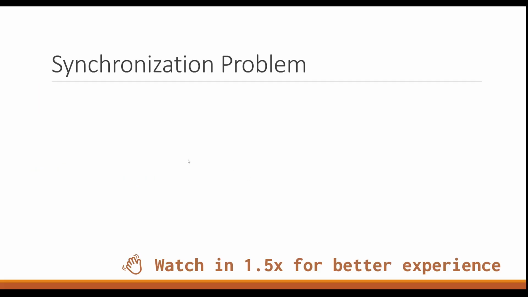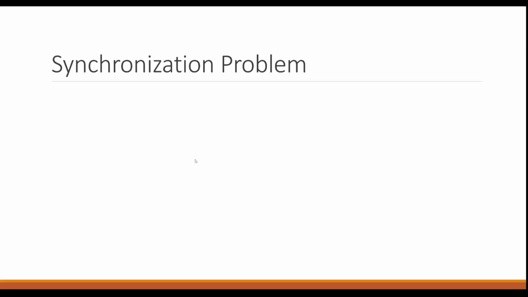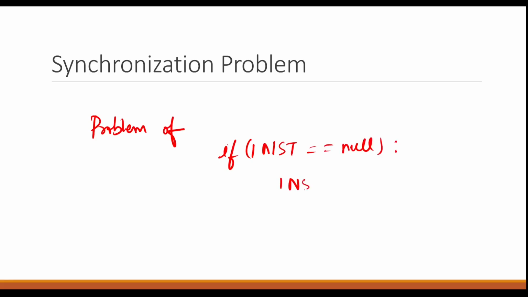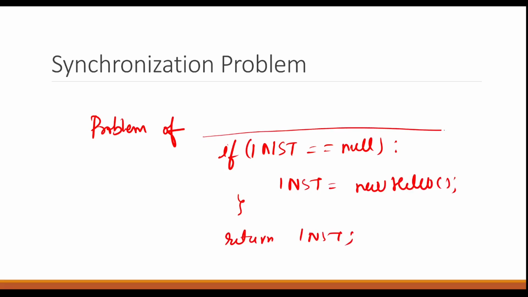How do we deal with the synchronization problem? The problem is basically this block of code: if instance is null, then I need to create an instance with new Hello, and then I'm going to return it.